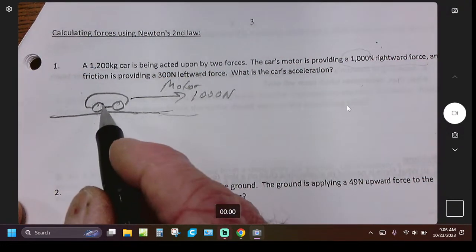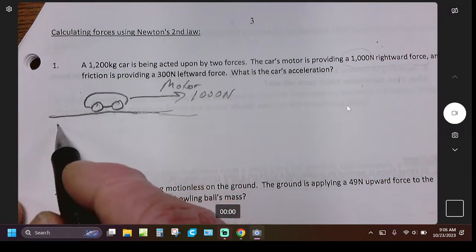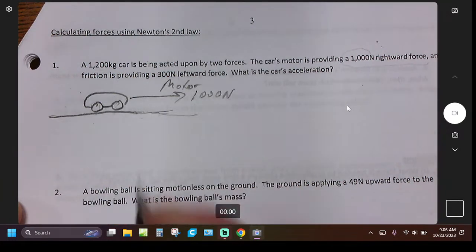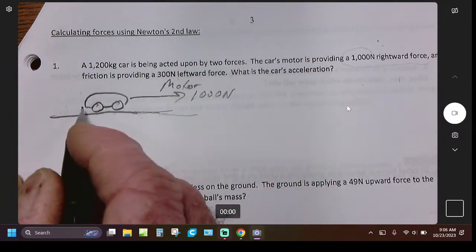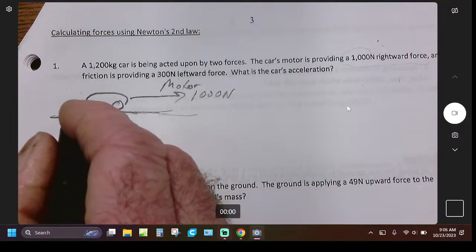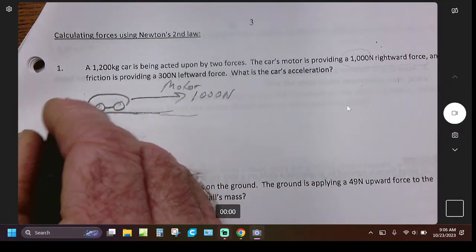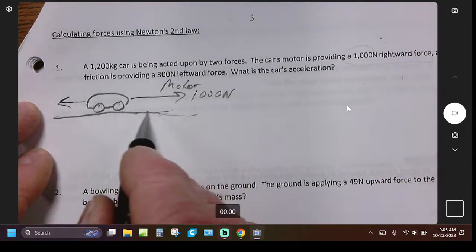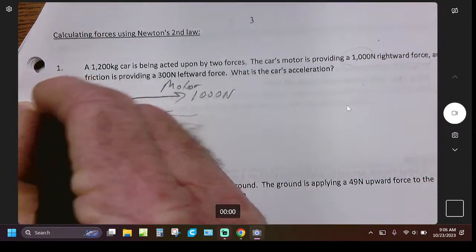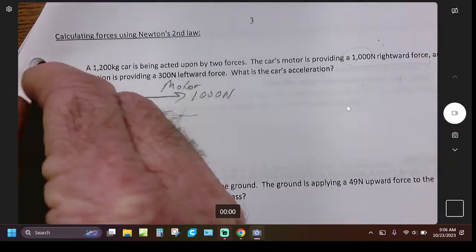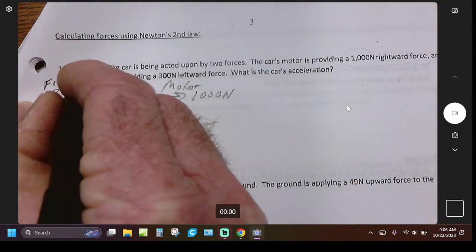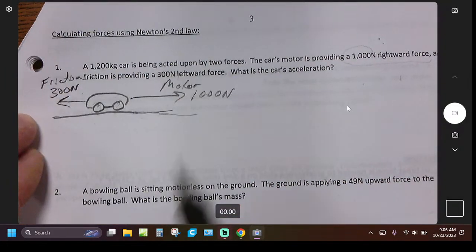But the way the motor does it is by turning the wheels, and the wheels push the road to the left, and the road is really what's pushing it to the right. And then there's this other one. There's friction in the axles, or friction somewhere. You don't have to have your arrows proportional. 300 newtons, and that's the friction. And those are the two forces.